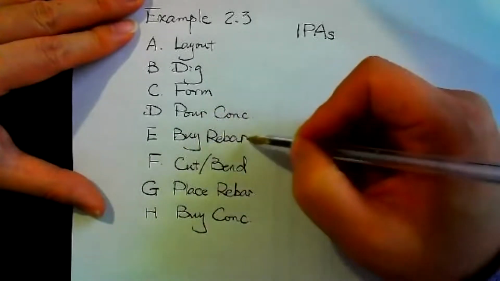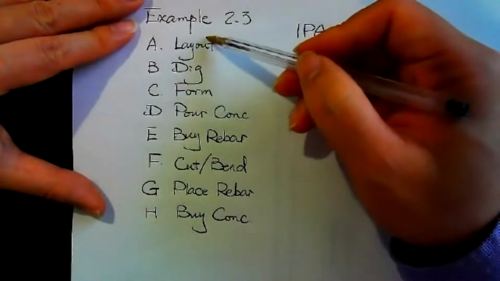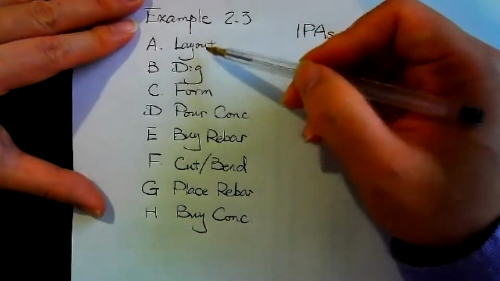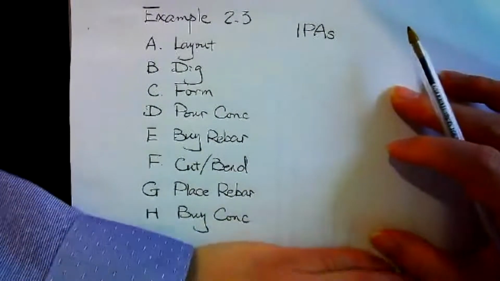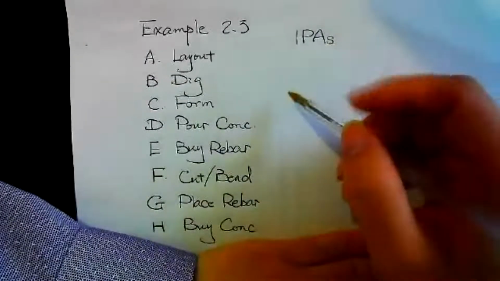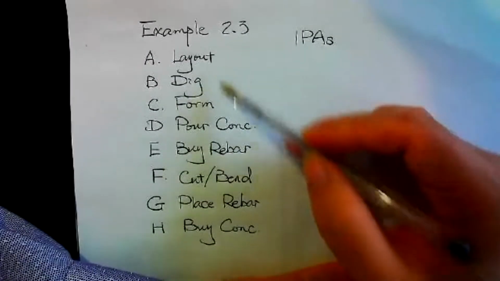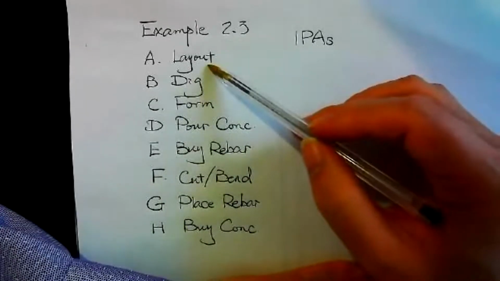So we don't use this one to be before that. That's not necessarily has to be before layout, okay? So after layout, you can also buy something. So let's see, before layout, which activity must be finished right before layout?